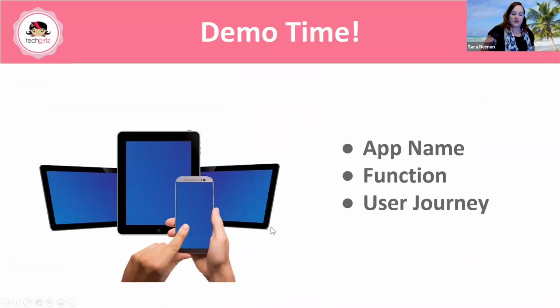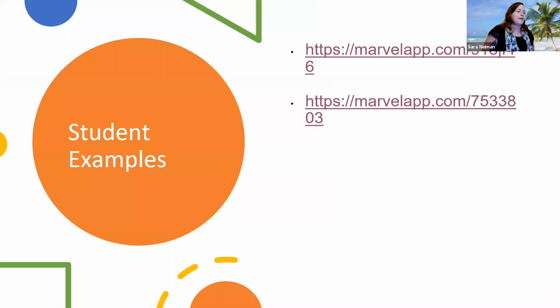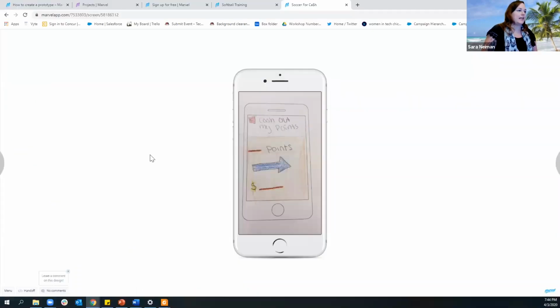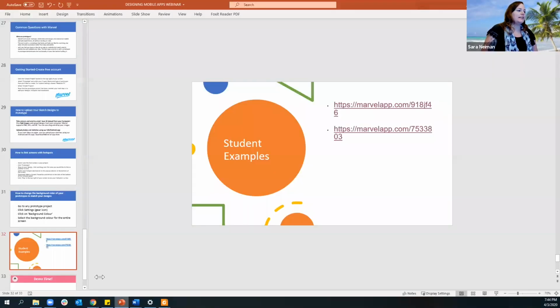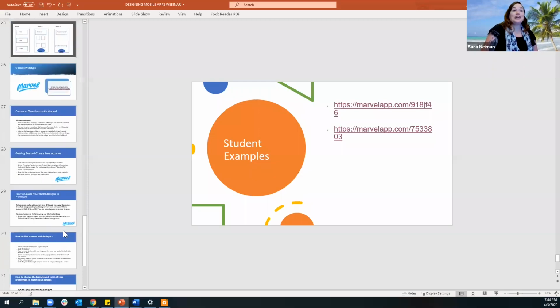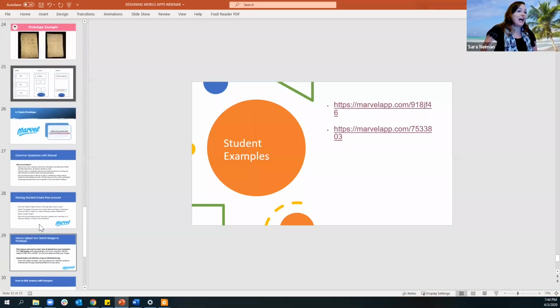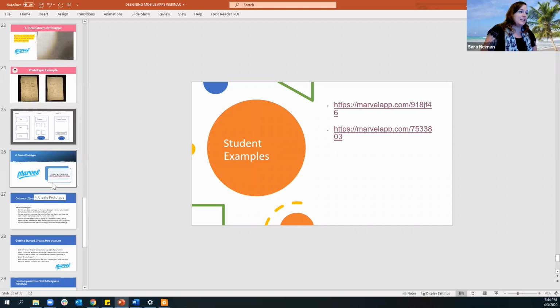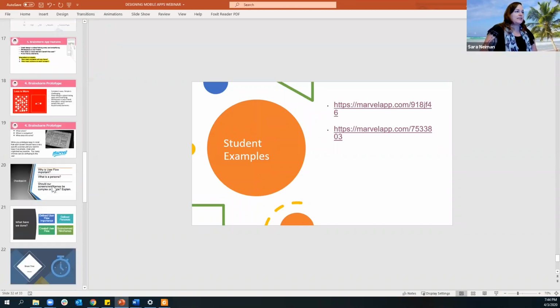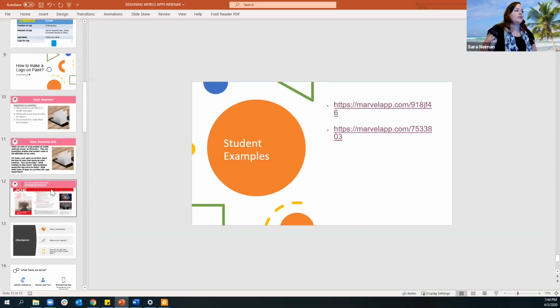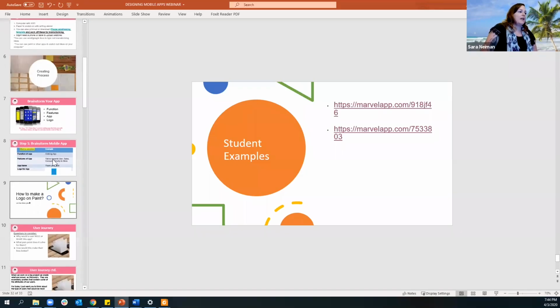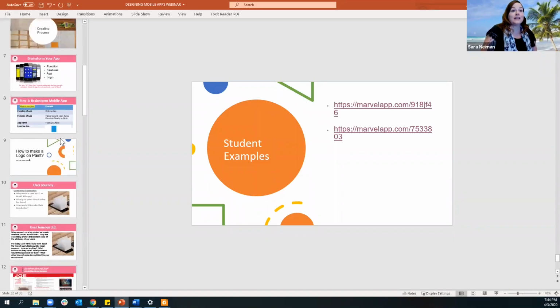All right, so I do want to review a little bit about what we did today. I think it's important to realize that we learned a lot, and you can do a lot of different things using Marvel especially, but it's important to understand that when you are making a mobile app, brainstorming comes with a process.